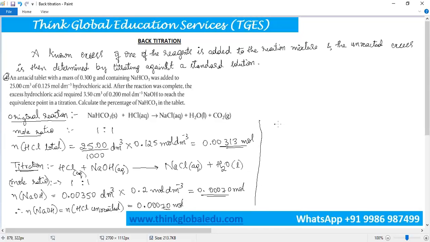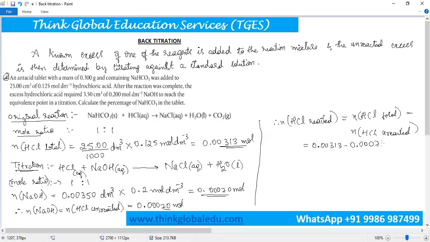Therefore, we can determine the number of moles of HCl reacted for the neutralization reaction by subtracting the number of moles of HCl unreacted from the total number of moles of HCl, which will be equal to 0.00313 minus 0.00070, which is 0.00243 moles.